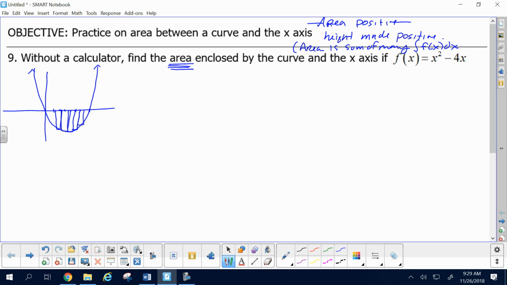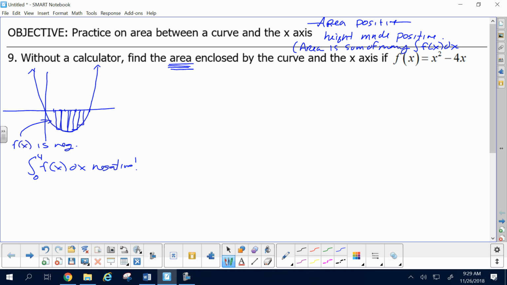Now, in this case, however, you can see that f of x is negative here. It's below the axis, so those are negative y's. So if I were to just mindlessly crank that out, this would be negative. And I don't want it to be negative. I want positive area, so I need to take steps to make the area positive.